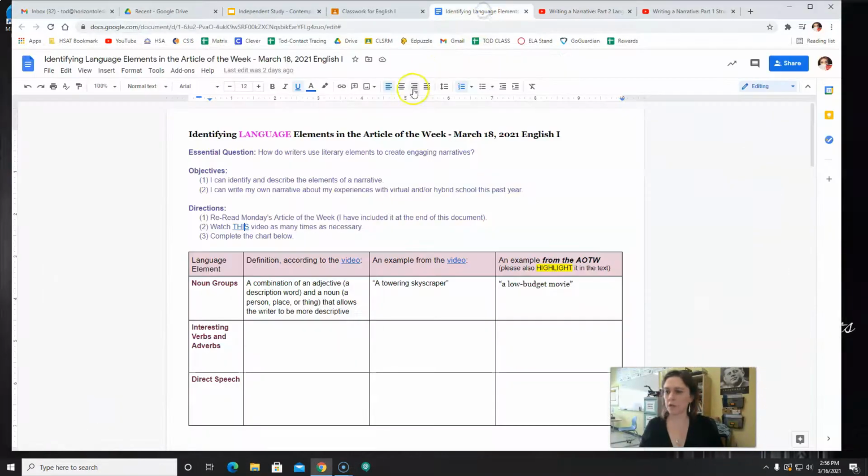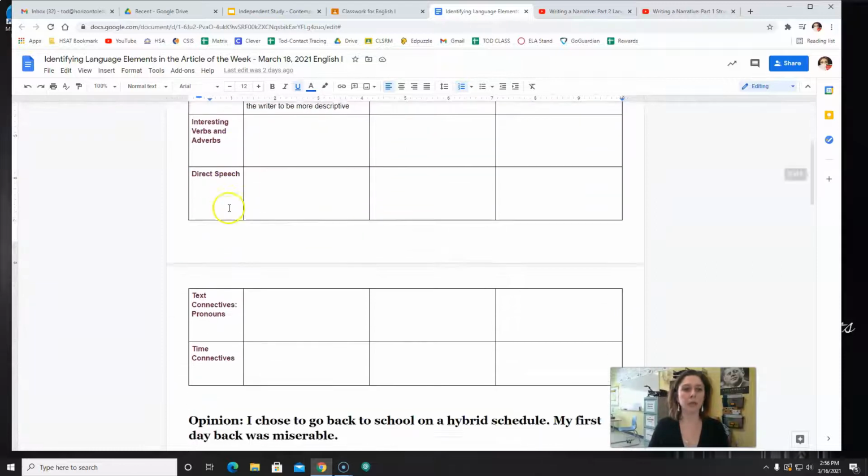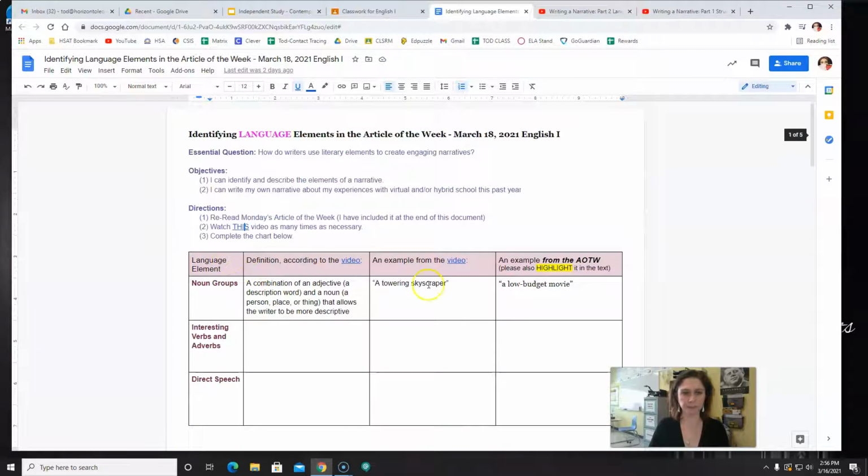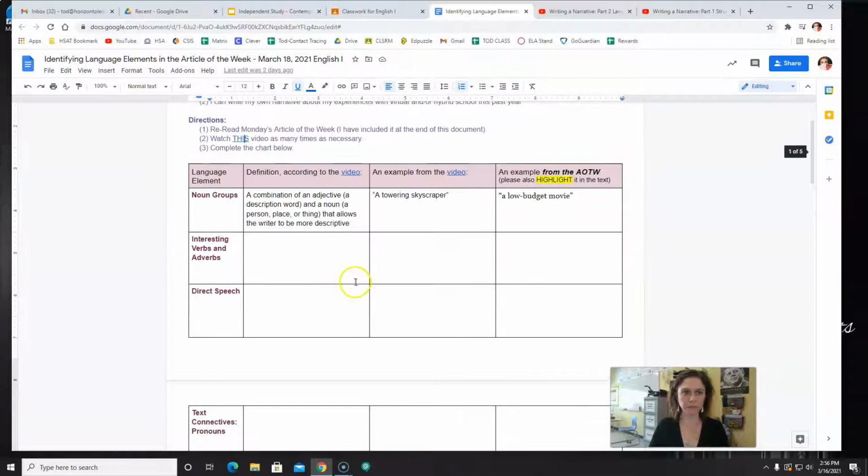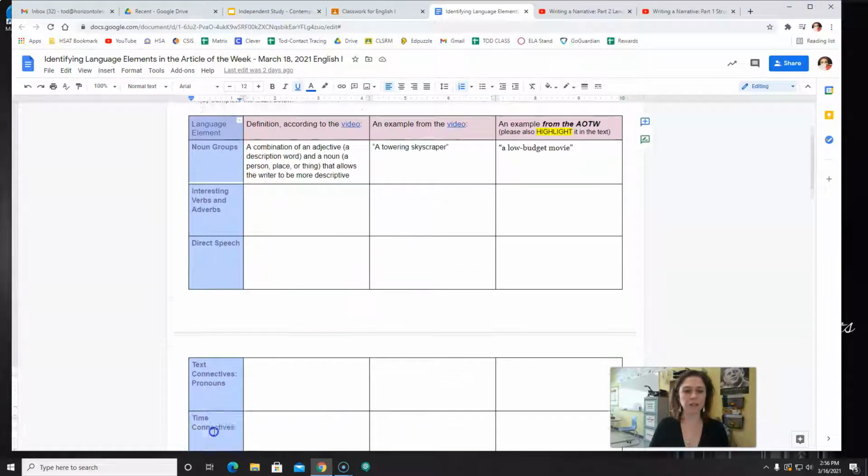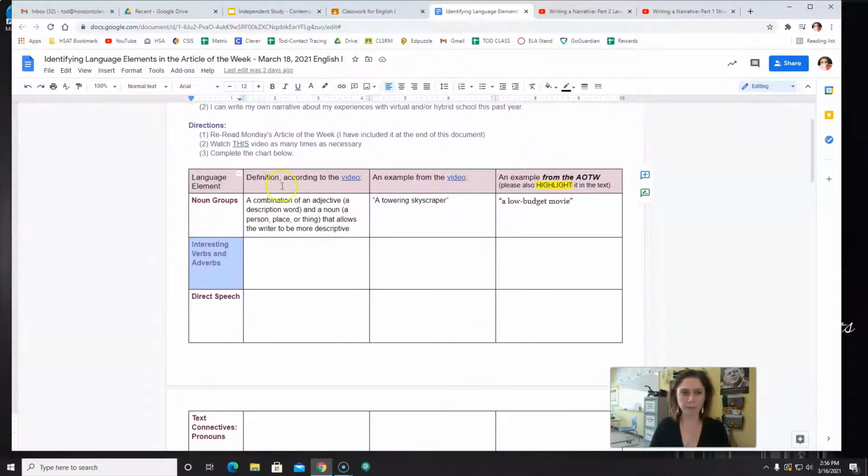Okay, folks, so you're going to rewatch that video as many times as you need to in order to complete this assignment. All right? So what I have here for you is a chart. In the first column, you see the language element that is described in the video.